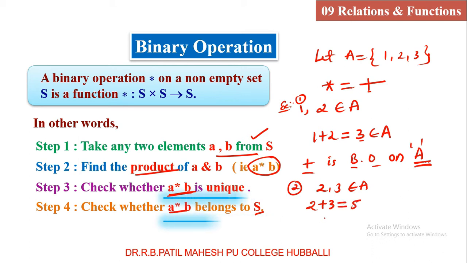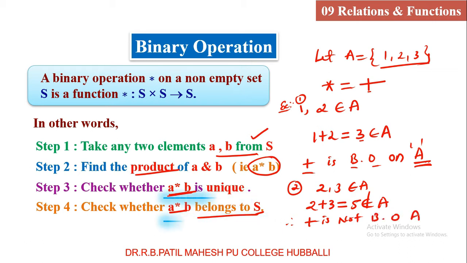Check whether it is unique or not. Yes, it is unique. Fourth step, check whether it belongs to the given set or not. 5 does not belong to the set A. You can observe set A is {1, 2, 3}. 5 does not belong to A. Therefore, plus is not a binary operation on the set A.